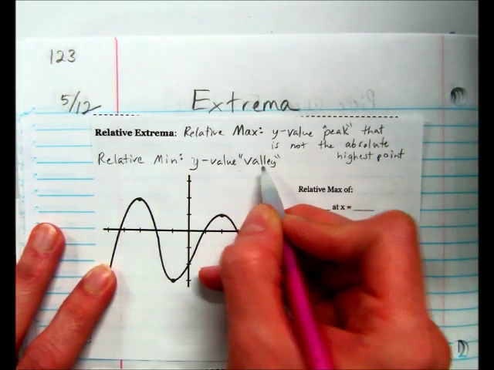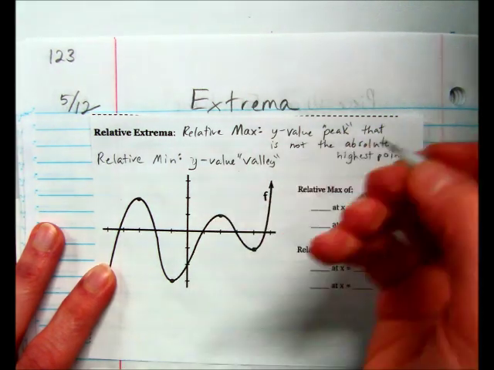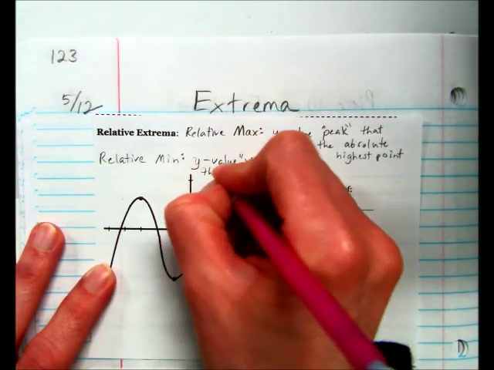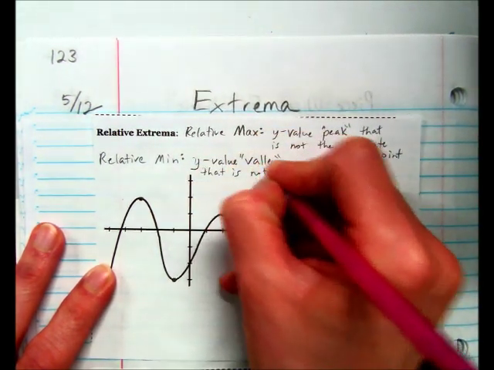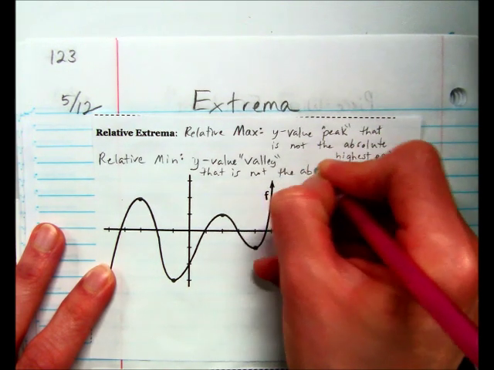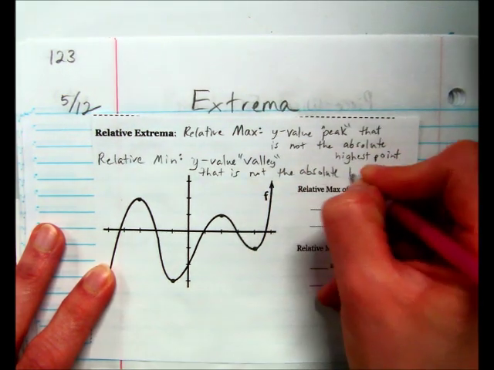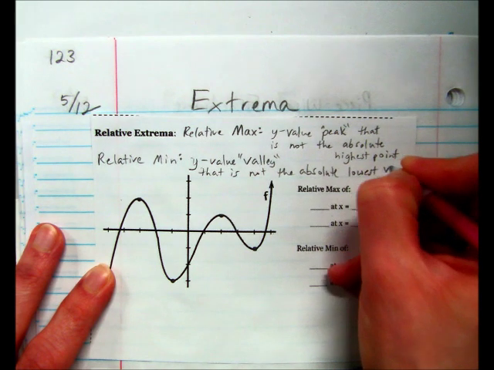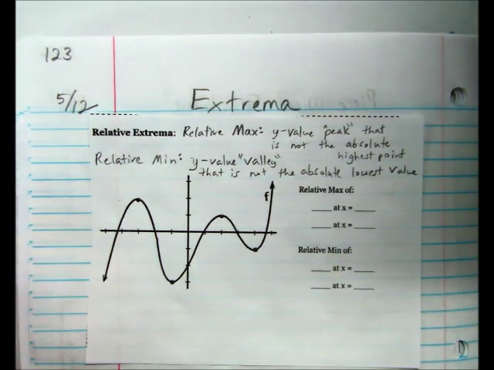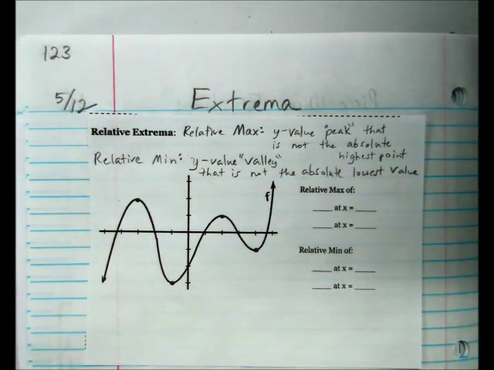So it's a y minimum valley that is not the absolute lowest value. So the key words here that'll help you remember it is we're looking for peaks and valleys. The top of the hill, the bottom of the valley.